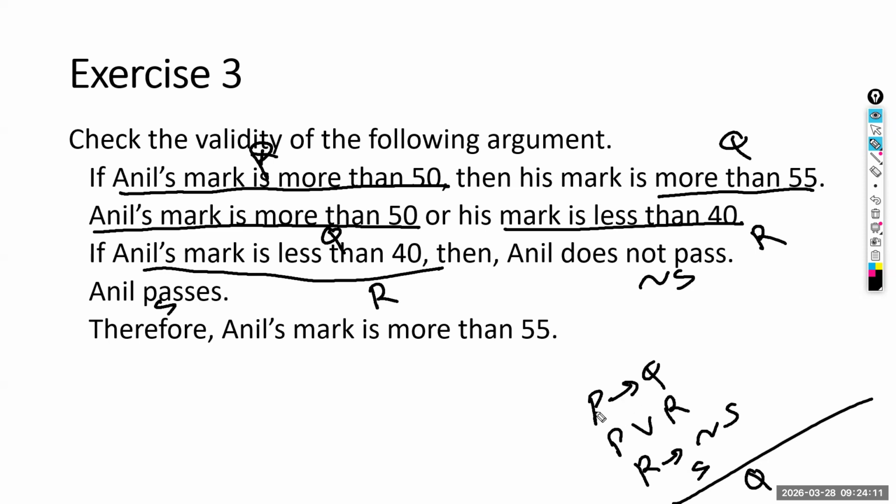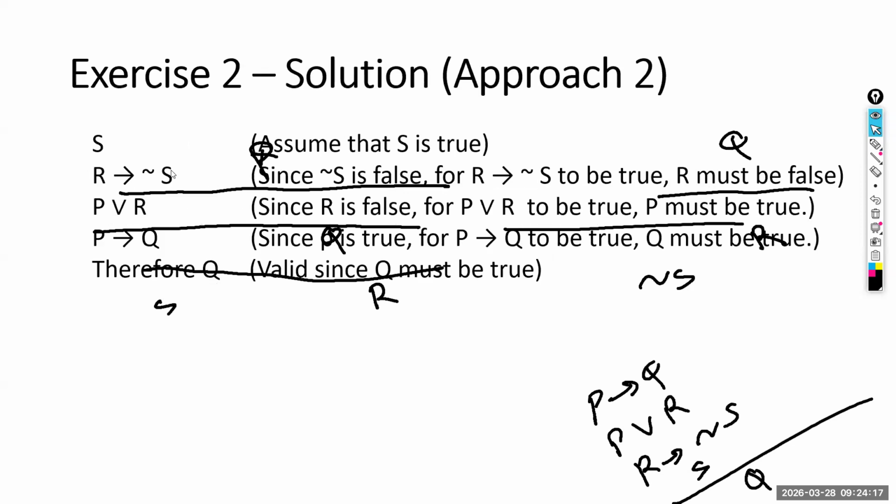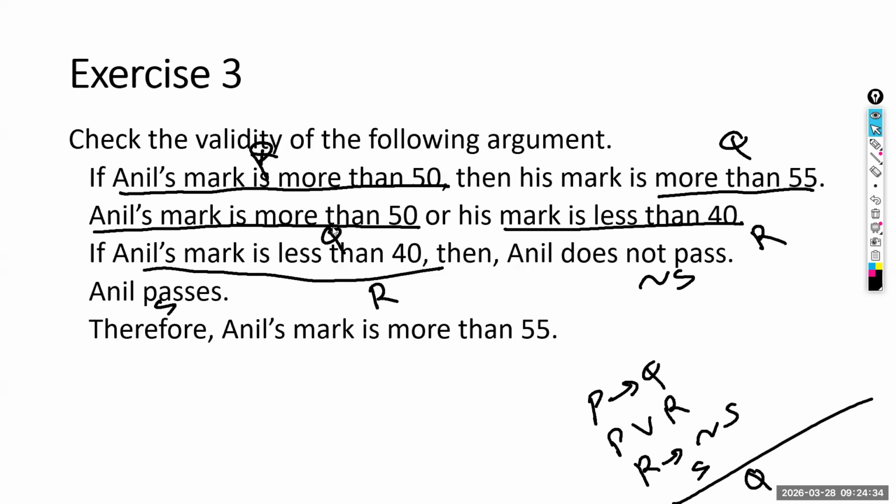So this is the same as the previous example. P implies Q, P or R implies not S, S. So the order doesn't matter. Therefore Q. So this problem is now the same as the previous problem.